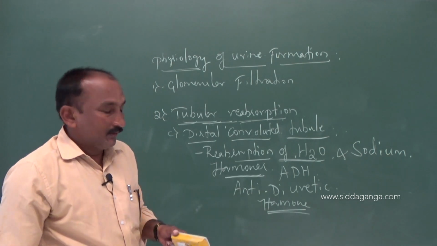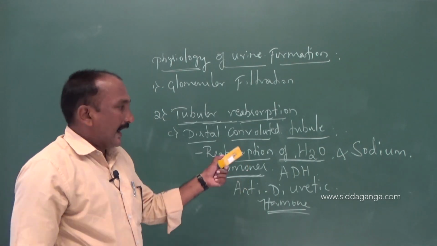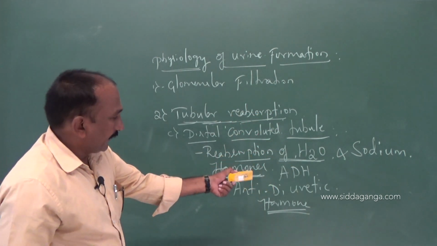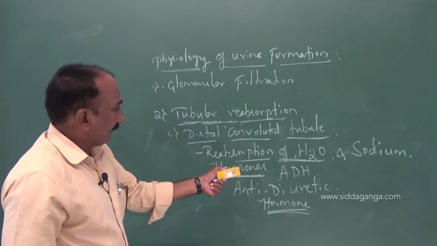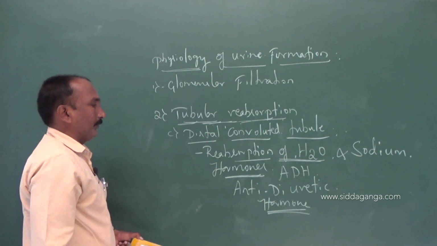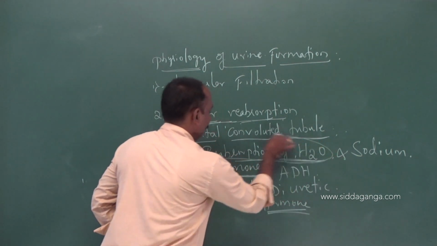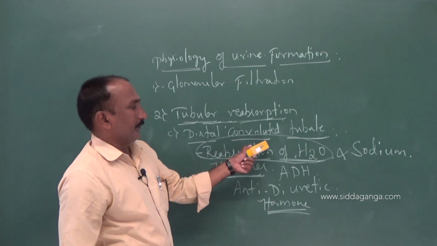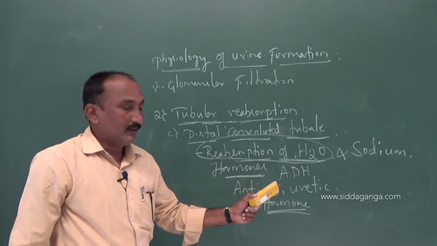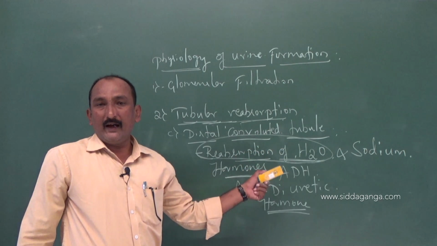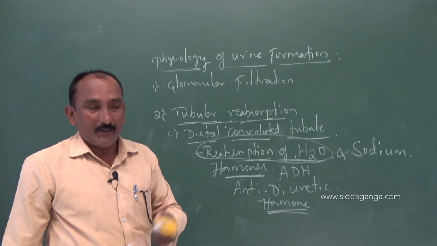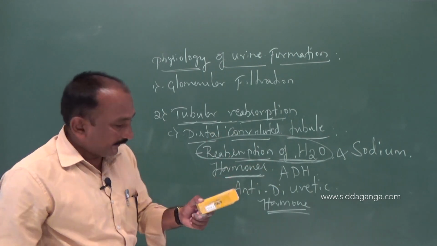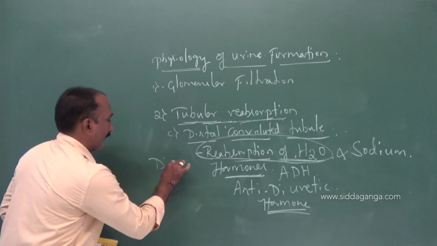Anti-diuretic hormone is the hormone that acts on the distal convoluted tubule to reabsorb the water molecule. As a result, the distal convoluted tubule can reabsorb the water from the filtrate so as to avoid diuresis. The elimination of excess water through the urine is known as diuresis.